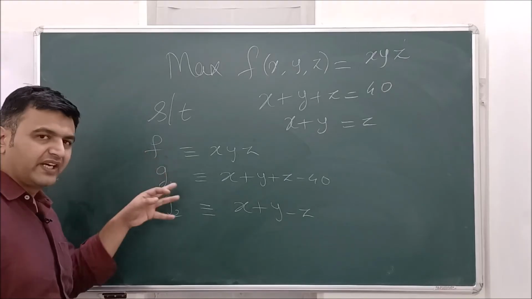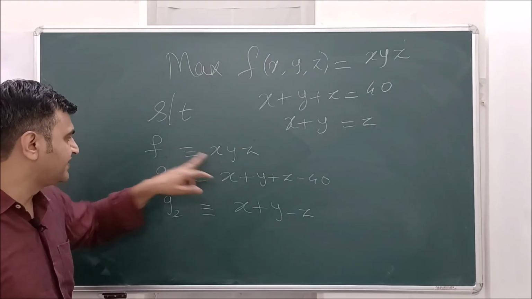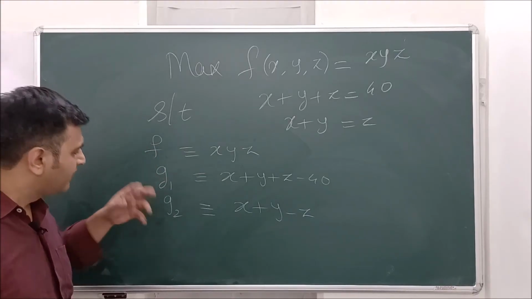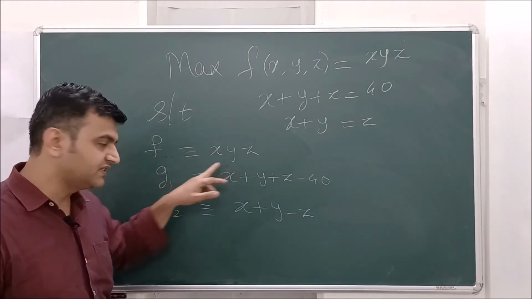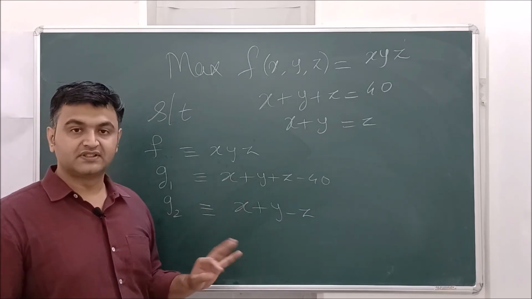It's good to write f of x, y, z equal to this, g1 of x, y, z equal to this, g2 of x, y, z equal to this.